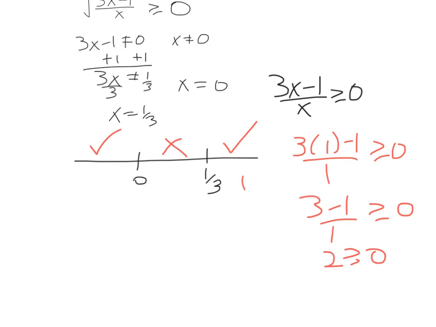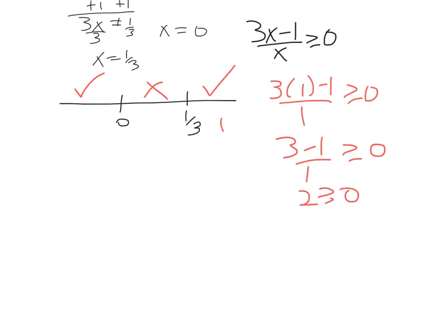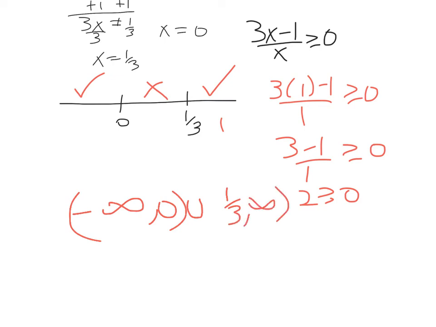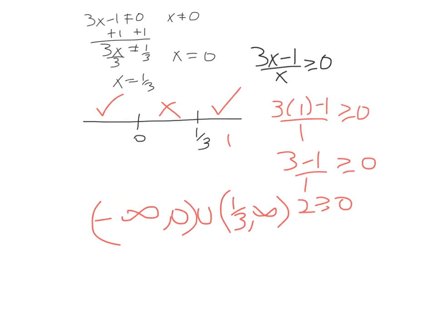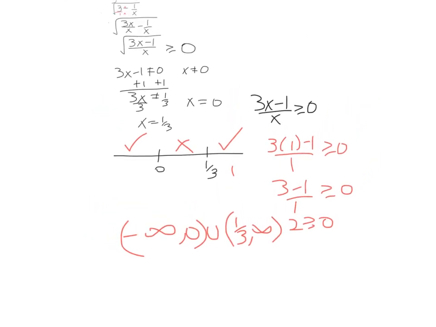So now here we can see that our interval for this answer is going to be from negative infinity up to 0, union with 1/3 to infinity. So this is combining what we did at the end of chapter 1 into this problem, because we had a fraction under the radical.